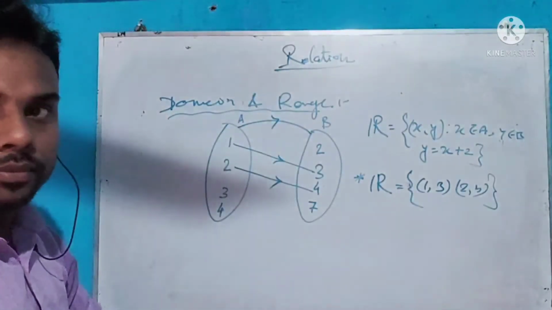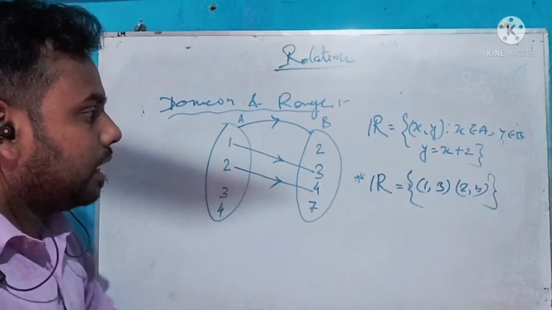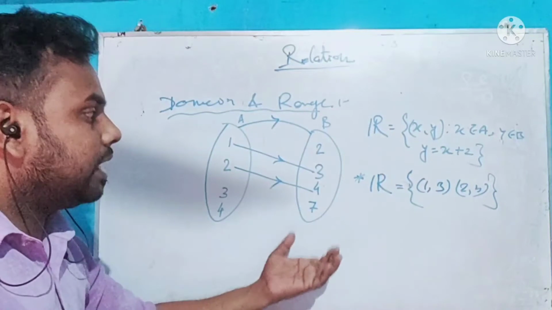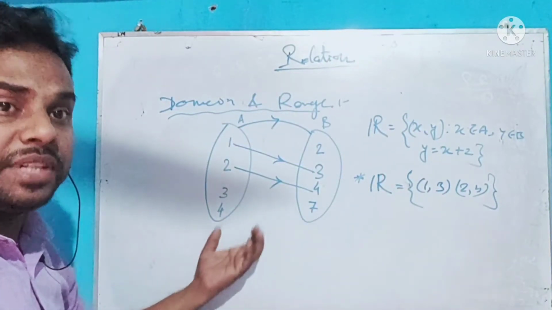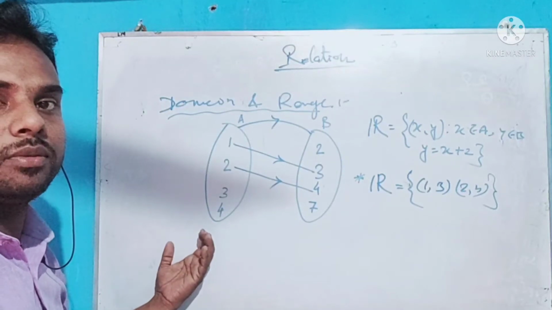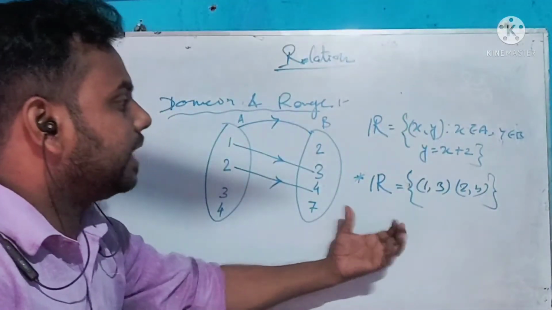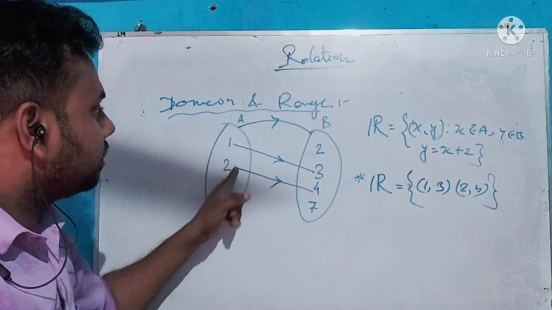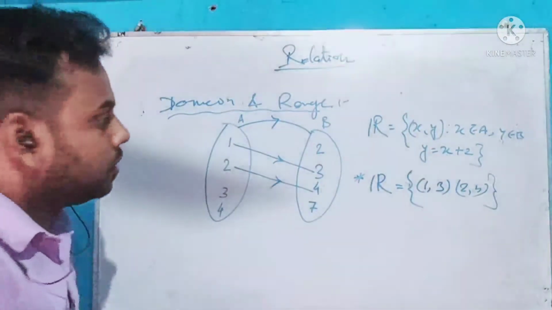Okay. Now, what is the range and what is the domain? As I told you previously, image and pre-image. The set of images is also called the range, and the set of pre-images is also called the domain.